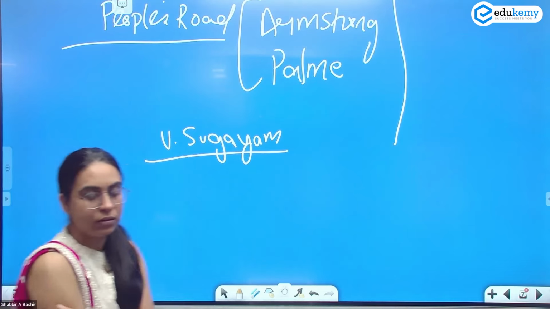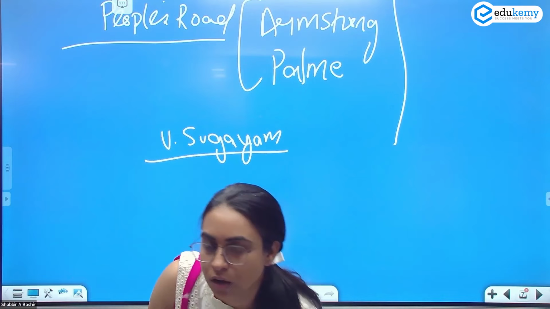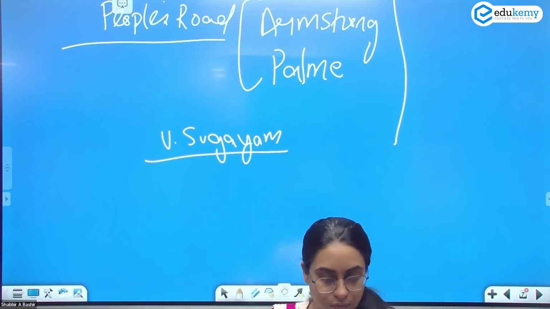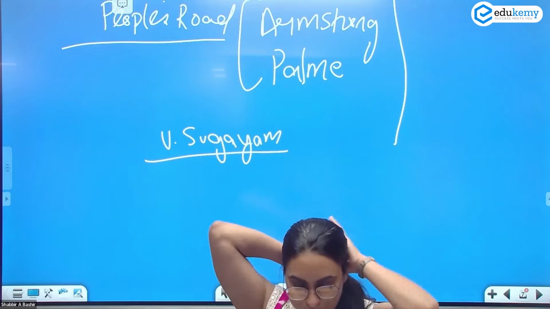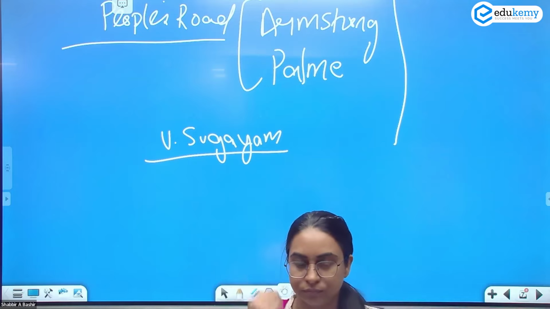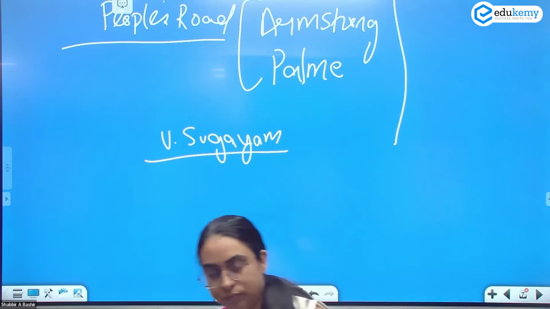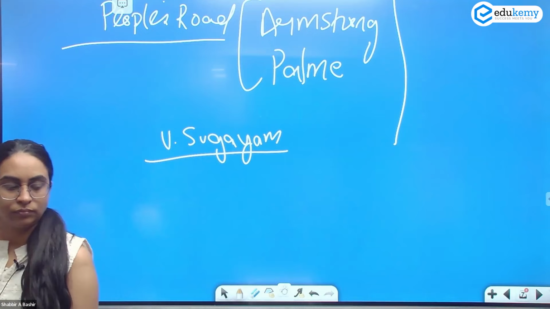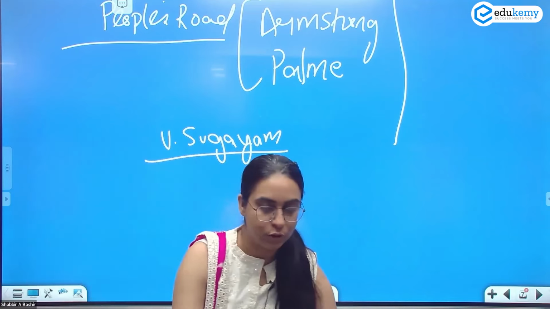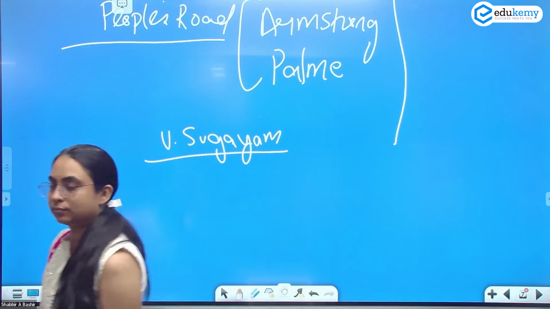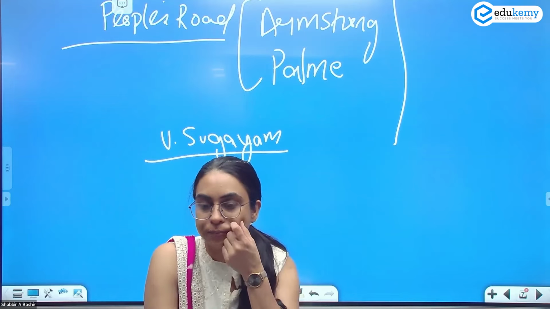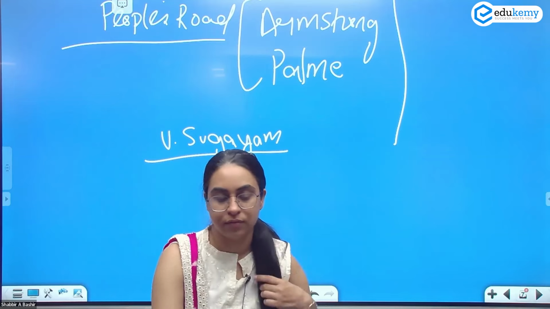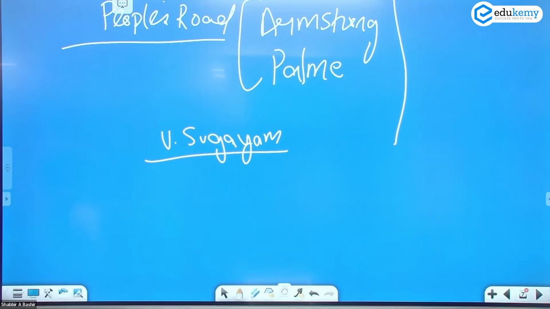According to Warren Buffett, while making recruitment in an organization, we should look for intelligence, energy and integrity.